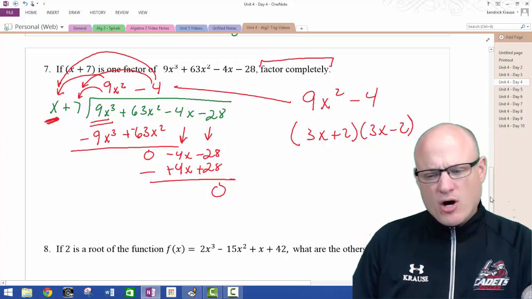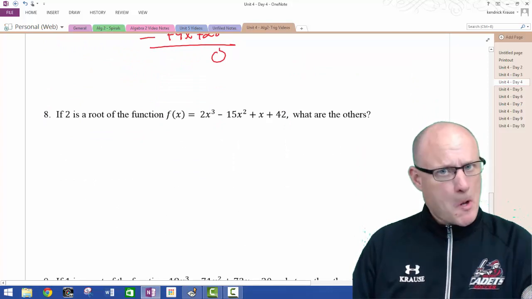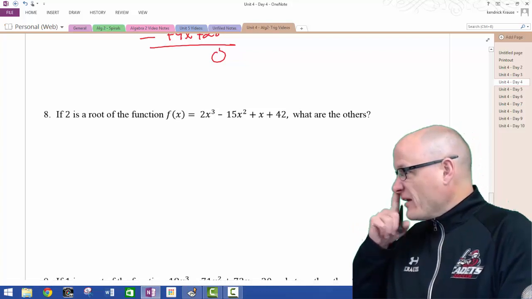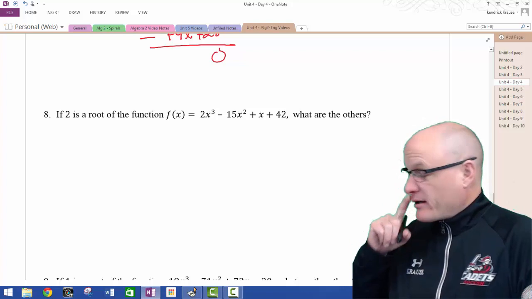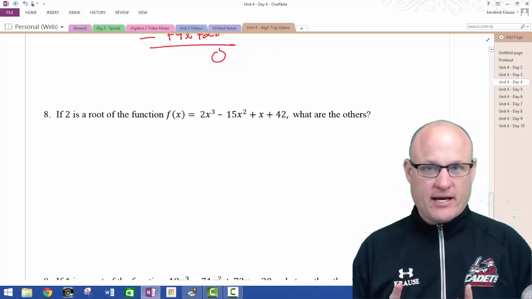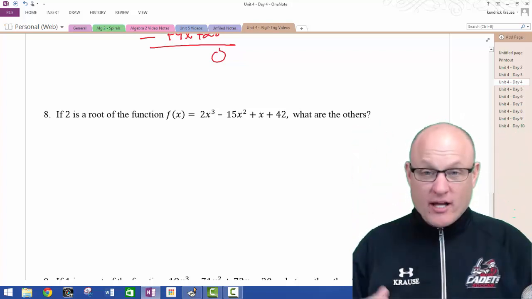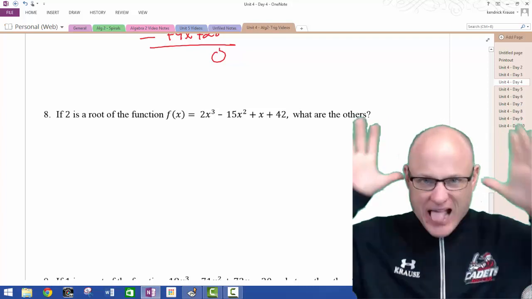Try them on your own. Pause it. Pause me in a funny face. Here, I'll make a few funny faces. See if you can pause it when I'm making funny faces. If you pause it when I'm doing this, and you call your mom over, she's like, what is wrong with that guy, and why do I allow him to teach you mathematics? If you pause it there, you get to see me making funny faces.